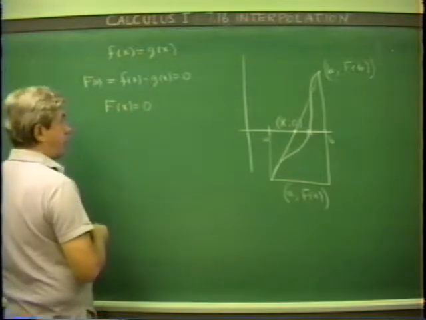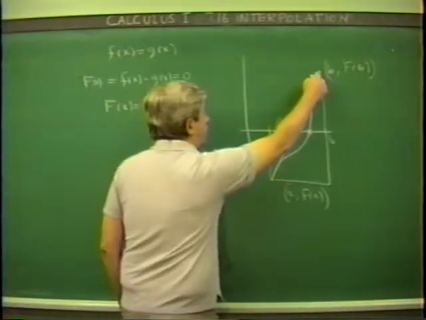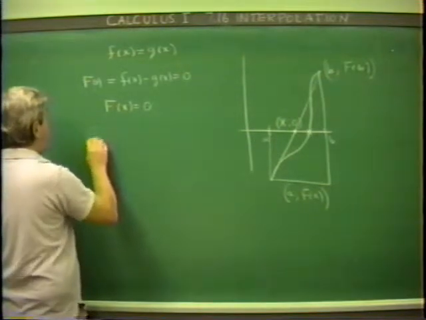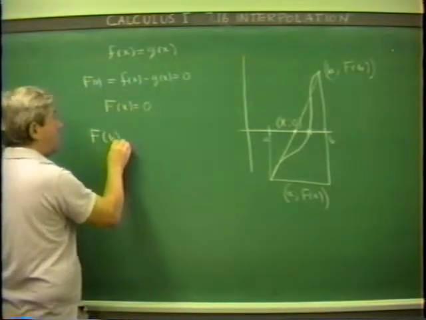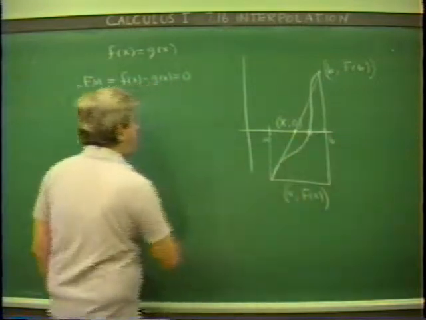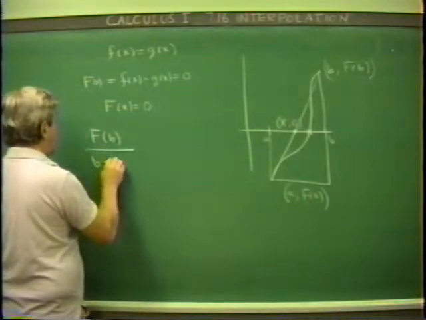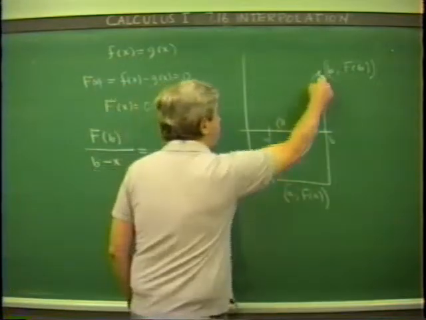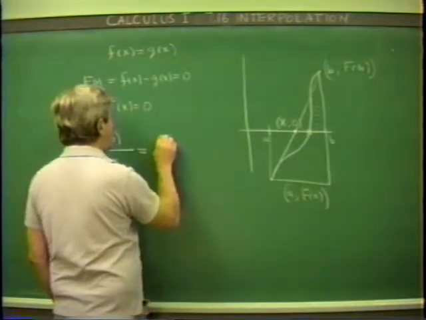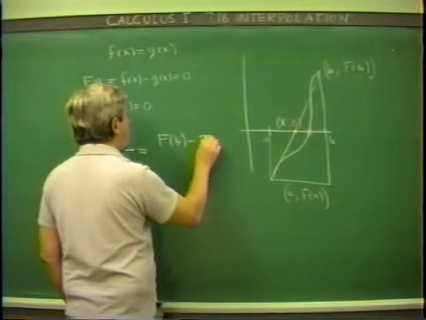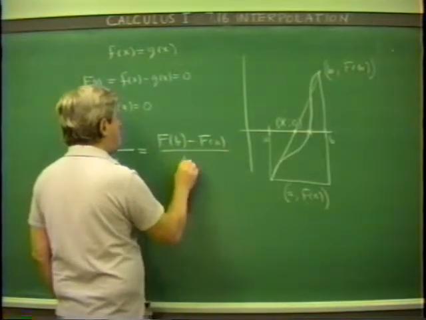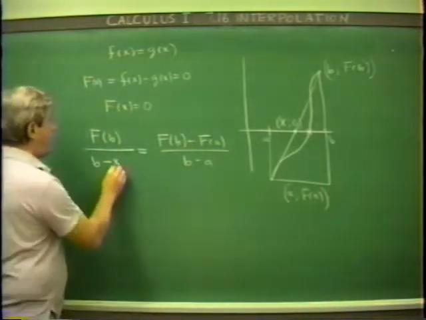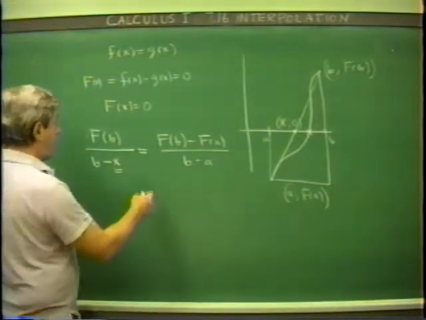If you don't, however, what you can simply do is write down the similarity between these two triangles here, so that, for example, this height right here is f of b, divided by b minus x. This must be equal to f of b minus f of a divided by b minus a.